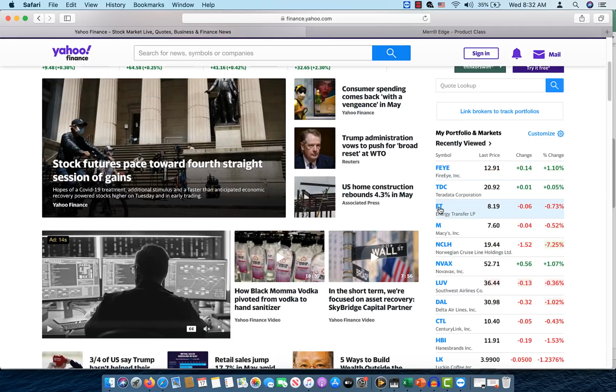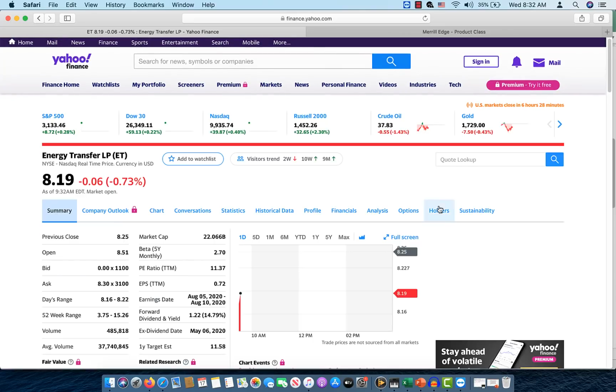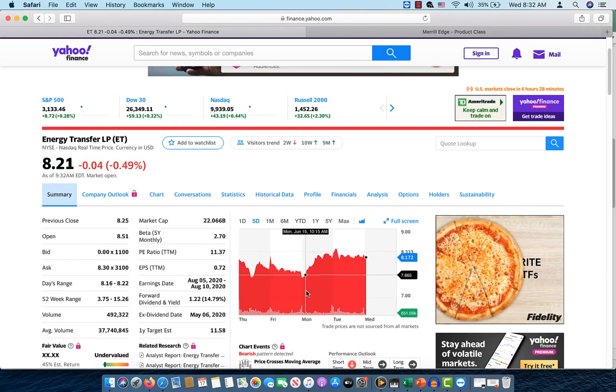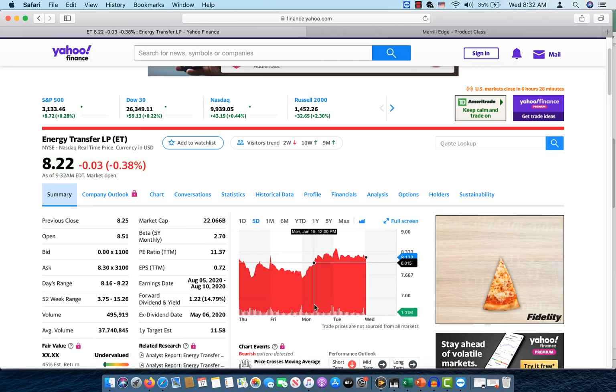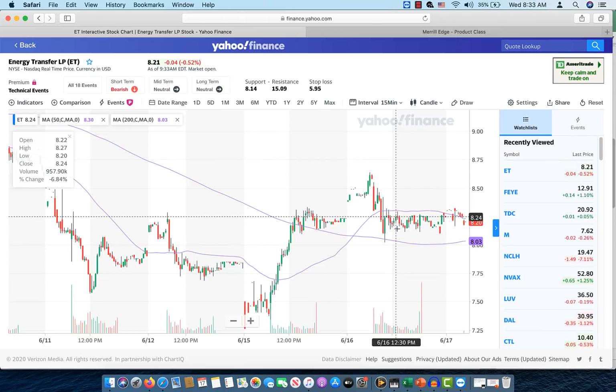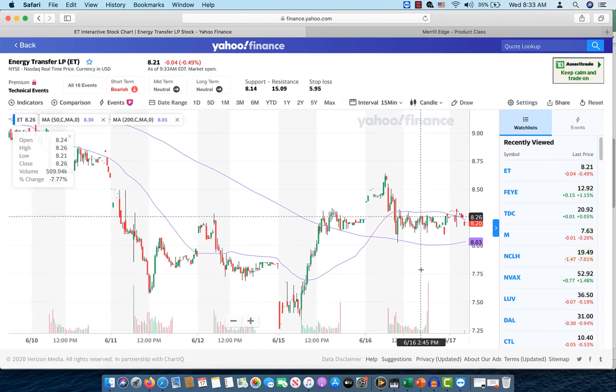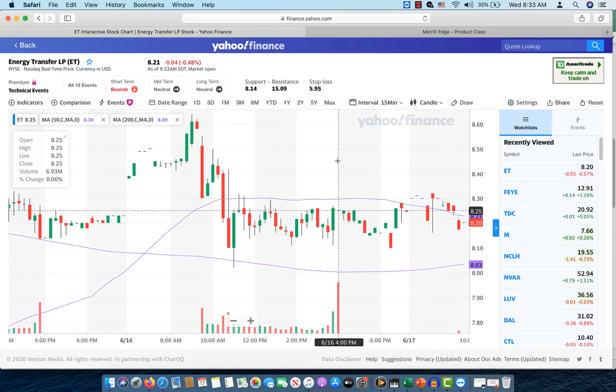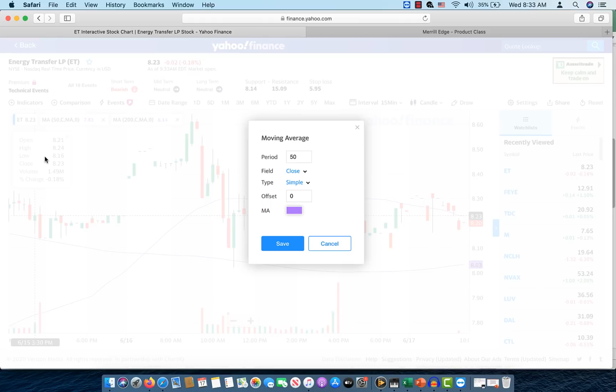Okay, the first item here would be ET. You see the graph here. Let's get a bigger version here. Okay, I got the 50-day, the 100-day, and the 200-day here. Let me change the colors of some of the moving averages for you to realize this better. The 50-day, we want it to be a different color.